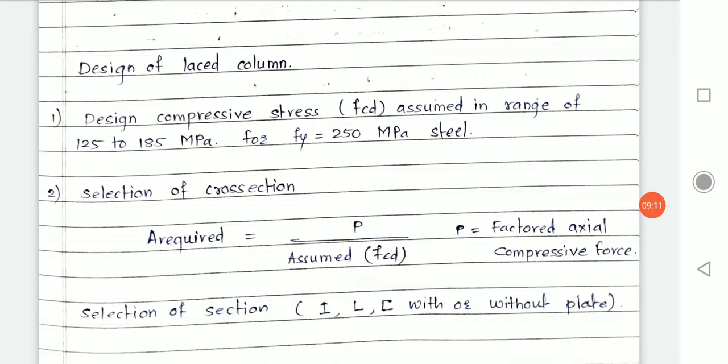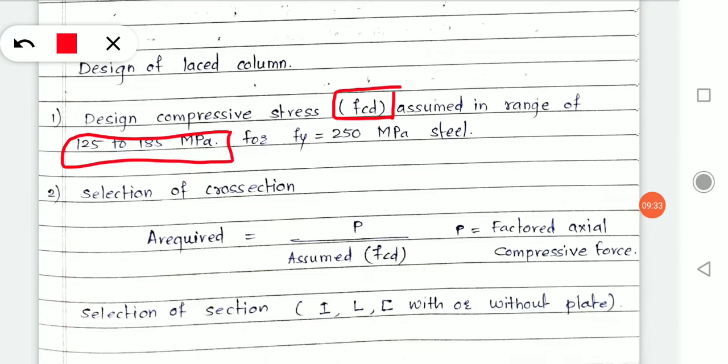Fy is what? Yield stress. Yield stress of the steel is 250 MPa. If you are using steel where the yield stress is equal to 250 Newton per mm square, then for that kind of steel, design compressive stress FCD should be taken from this range, 125 to 185 MPa.